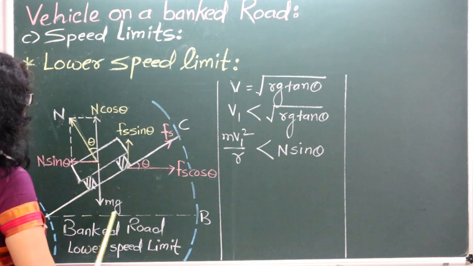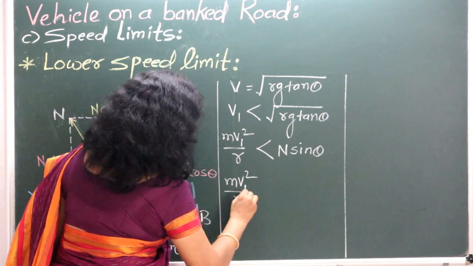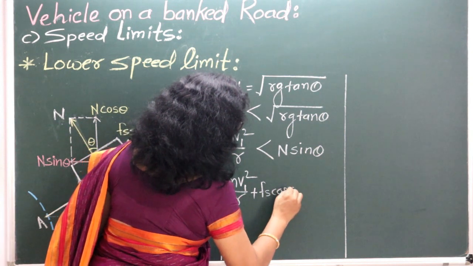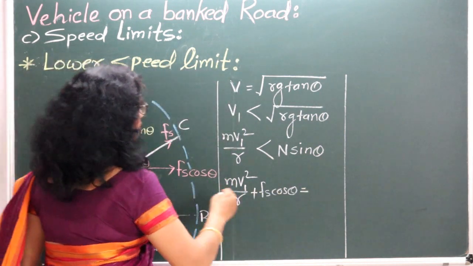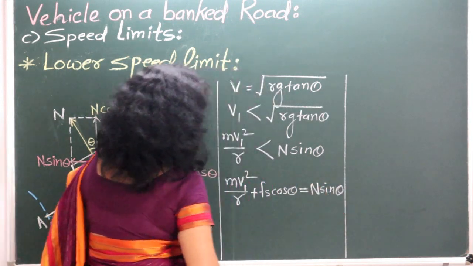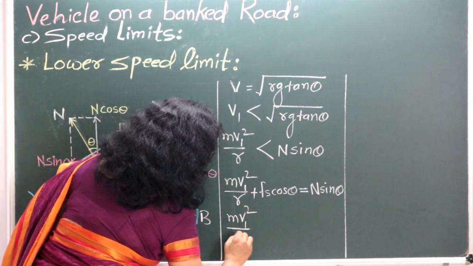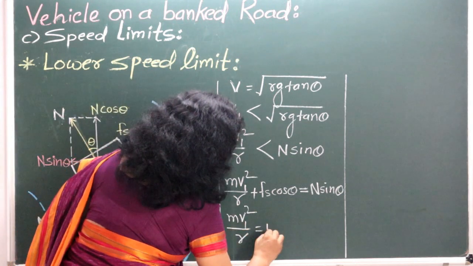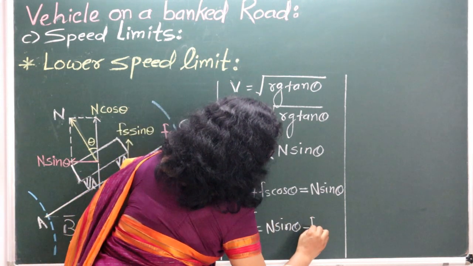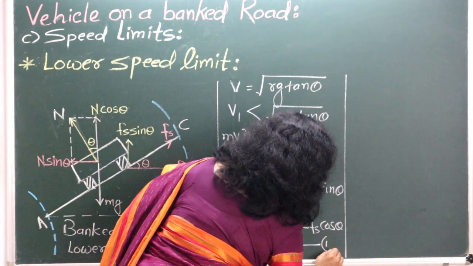Now we write the first equation: mv1 square upon r plus Fs cos theta equals n sin theta. Therefore from this equation we can write mv1 square upon r equals n sin theta minus Fs cos theta. This is equation number first.